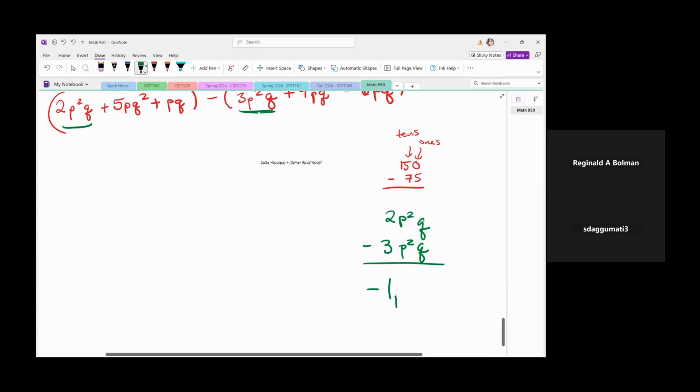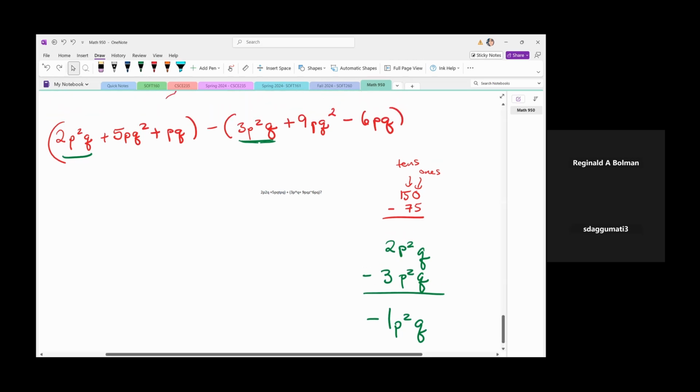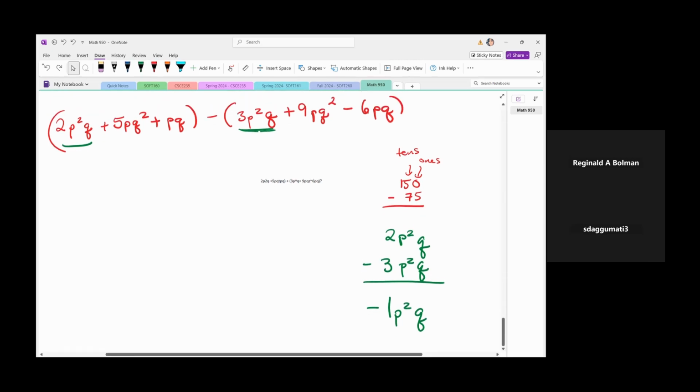And with p squared minus p squared, we would have a p squared left there and a q left over as well. So you'd have -1p squared q from this subtraction operation. Now, the thing to remember with subtraction is that we're not just subtracting that 3p squared q term.